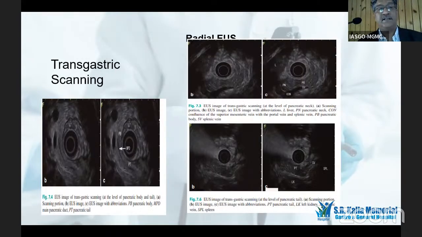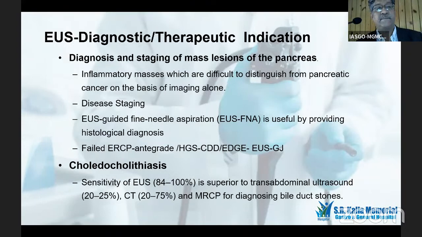It helps us in doing staging of the disease. For inflammatory masses which you cannot differentiate from chronic pancreatitis, you can do biopsies. You have elastography to give you the probable option of malignancy versus chronic pancreatitis. You can do disease staging with this equipment. You can do FNAC, providing a histological diagnosis for those Whipple surgical patients who, unfortunately, in 15% of the population will come out negative.